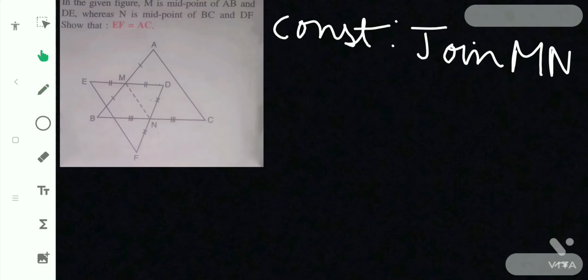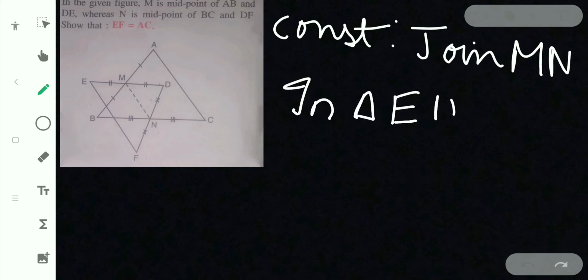Okay, now just consider this triangle EDF. In triangle EDF, we are having again M is the midpoint.